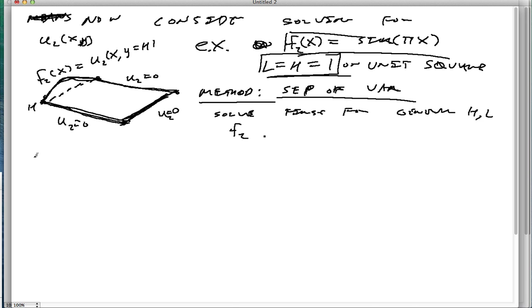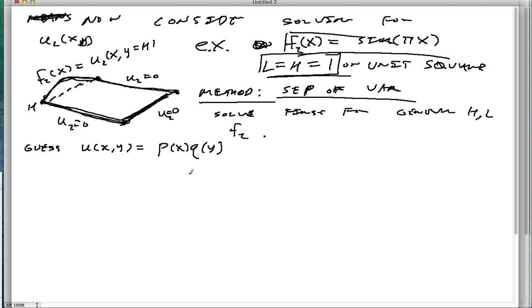So let's do it. This method of separation of variables is to guess u of x, y. We're doing u2 here, but I'm going to drop that 2, we don't need it. We'll just say u is going to be of the form p of x, q of y. We're not doing time anymore, but we're just switching our variables around.